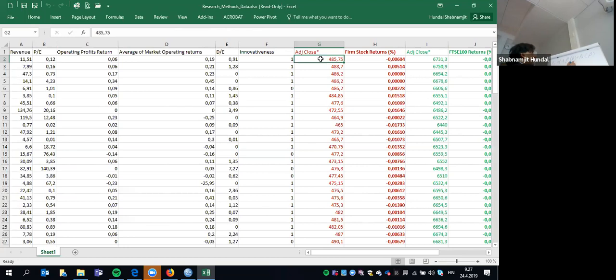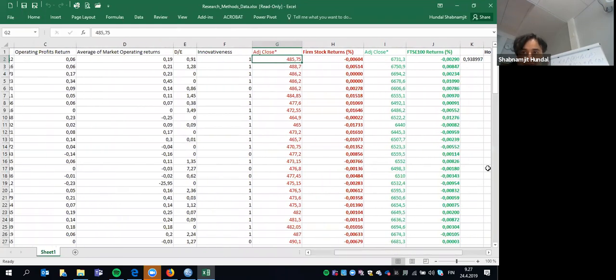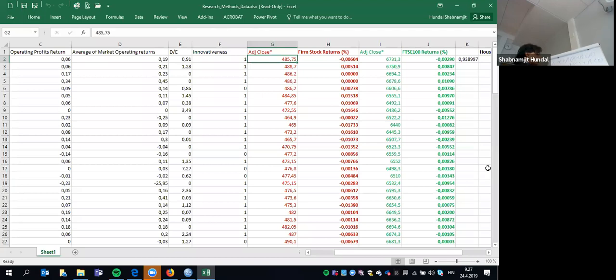Beta 3 C, beta 4 D plus beta 5 E, beta 6 F, and G is the dependent variable, so this will not come here, and beta 7 H plus beta 8. Do we have more variables? We have two more variables, I and J. So beta 8 I, and J.